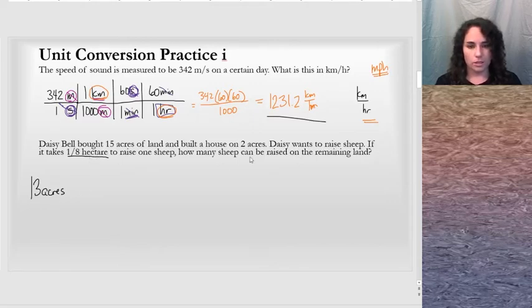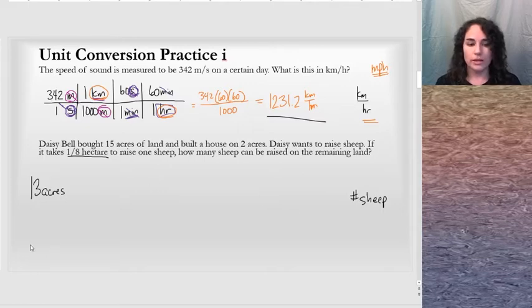Okay, so we want to know how many sheep can be raised on the remaining land. So we're going to convert from acres to number of sheep. Pretty interesting, right? And they tell us here 1/8 of a hectare to raise 1 sheep.